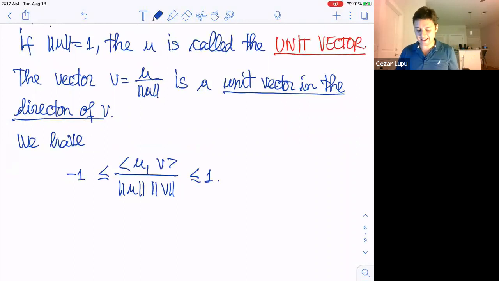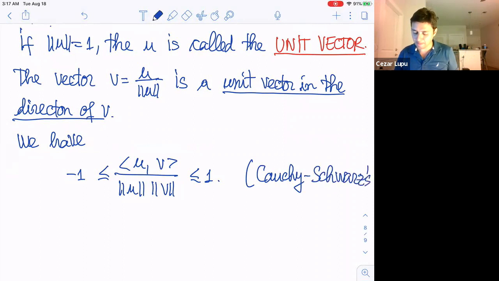Well, you will see that this is what we call the Cauchy-Schwarz inequality. And we have proven this in the previous lecture.